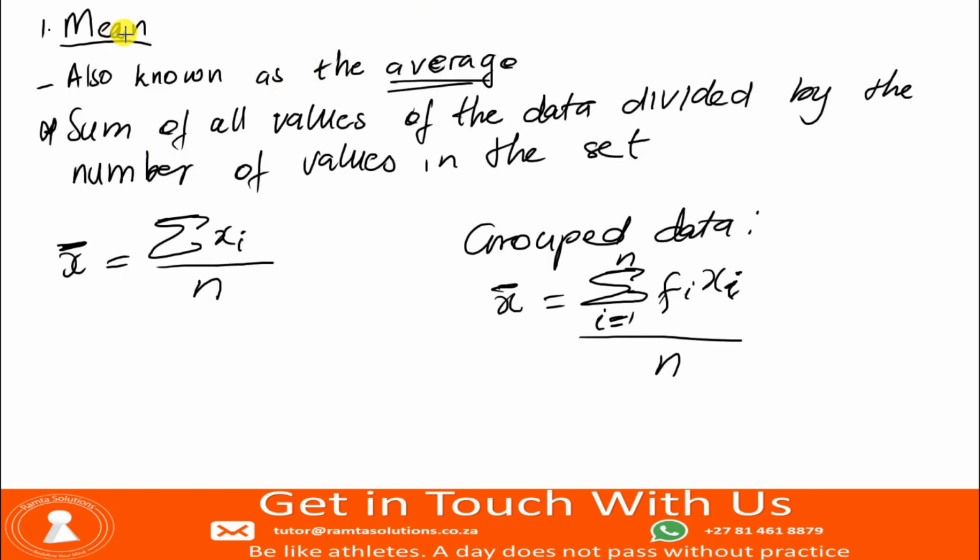So let's recap. We looked at the mean. It is what you know as your average, the sum of all values of the data divided by the number of values in that data set. This is the mathematical formula to represent it, and later you will learn about this formula, but for now we're not going to use mean for grouped data.